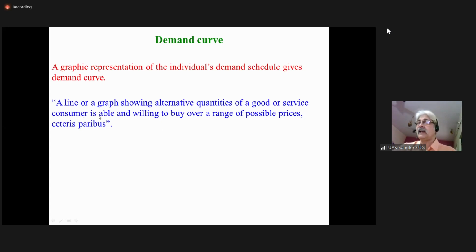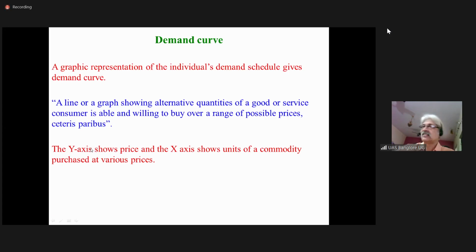Okay, a line or a graph showing different quantities of a good or a service that the consumer is able and willing to buy, at different prices, various levels of prices, keeping everything else constant. Okay.